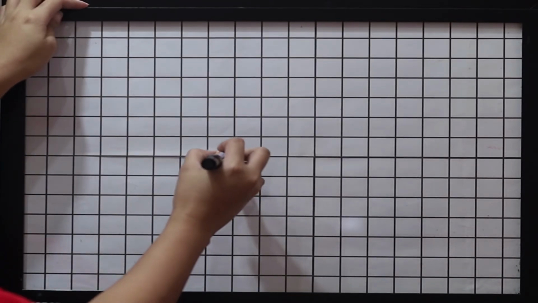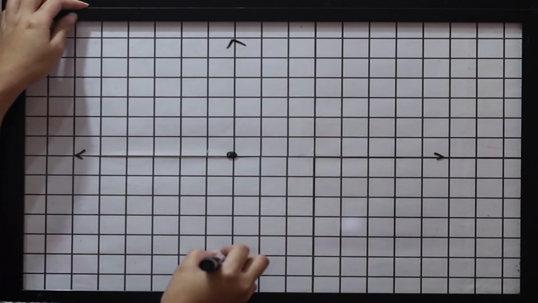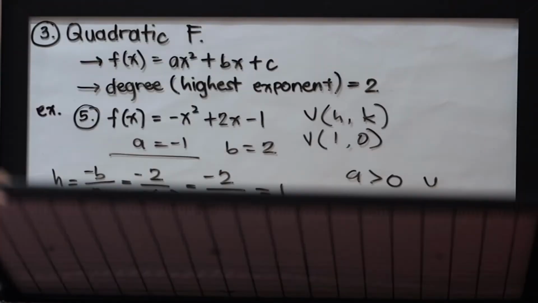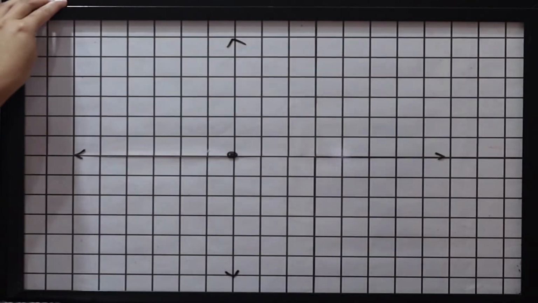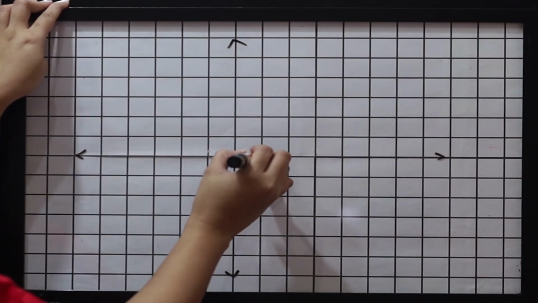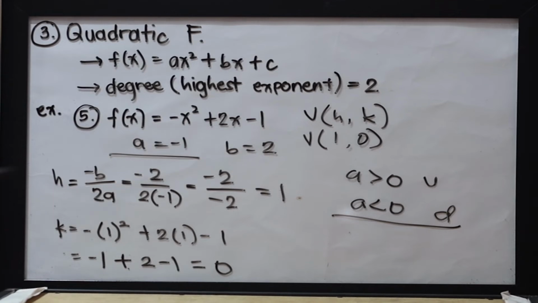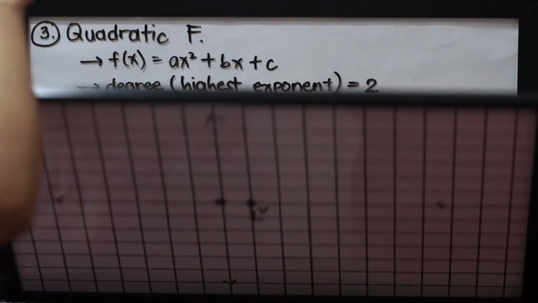So graphing this function, origin, x-axis, y-axis. So the vertex is (1, 0). This is your positive 1. And since the value of y is 0, nandiyan yung vertex. And then the opening of the parabola is downward since a is negative.